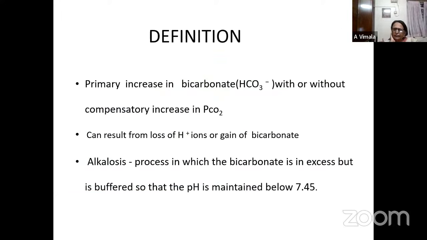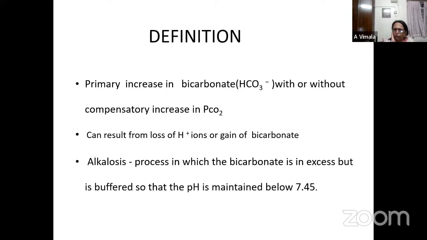So now let us see. We have discussed a consolidated metabolic alkalosis. It is a primary increase in bicarbonate with or without a compensatory increase in PCO2. It can result from loss of hydrogen ions or gain of bicarbonate.